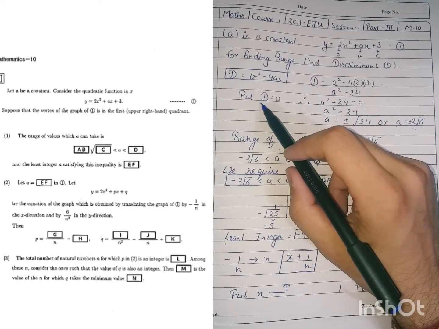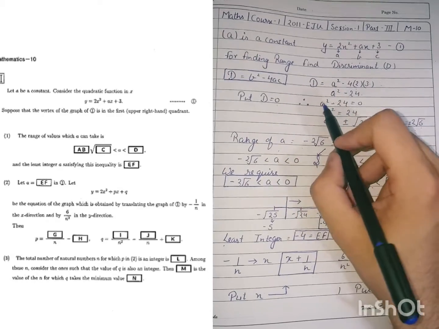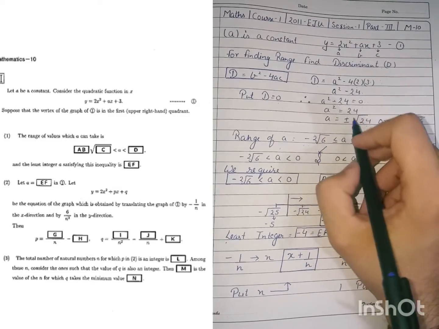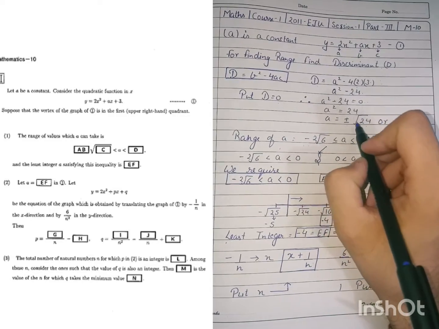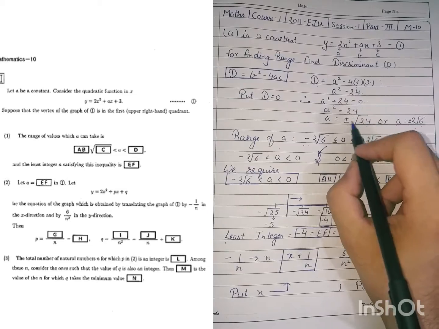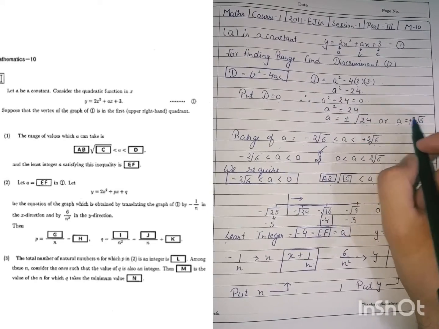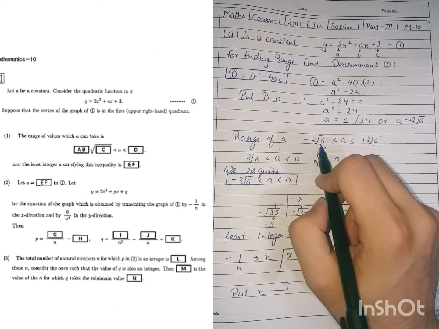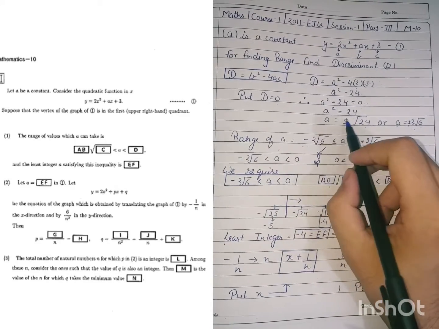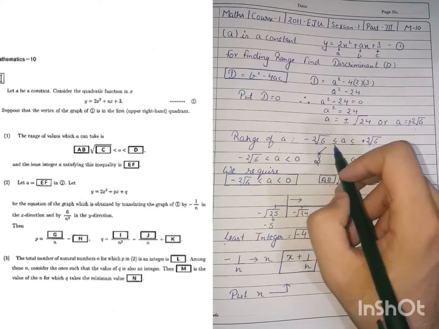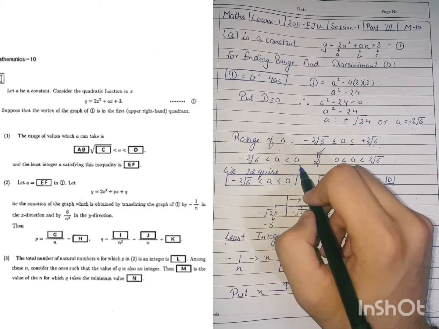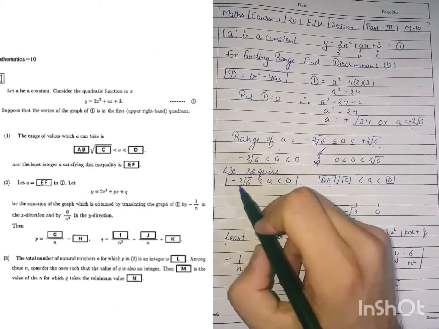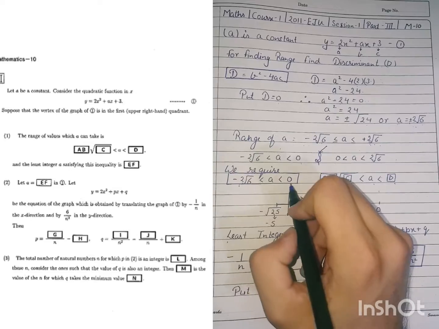So we'll put the discriminant equal to 0. a square minus 24 is equal to 0, a square is equal to 24, a is equal to plus minus root 24, or we can write root 24 as 2 root 6, so plus minus 2 root 6. So the range of a is minus 2 root 6 to plus 2 root 6, as it is plus minus. We can also write it as minus 2 root 6 to 0 and 0 to plus 2 root 6. According to the question, we require minus 2 root 6 to 0.